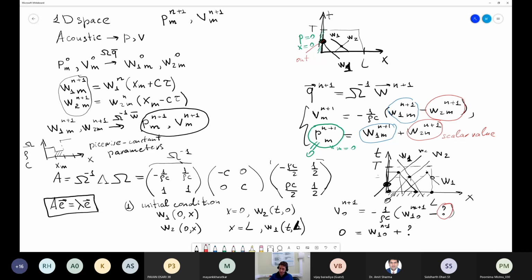This is some x, this is some x. They are equal. That's why we can obtain from the second equation that this symbol is equal to minus w1 at the position 0 at the next time moment. So we can substitute it here, and minus w1 0 and plus 1.